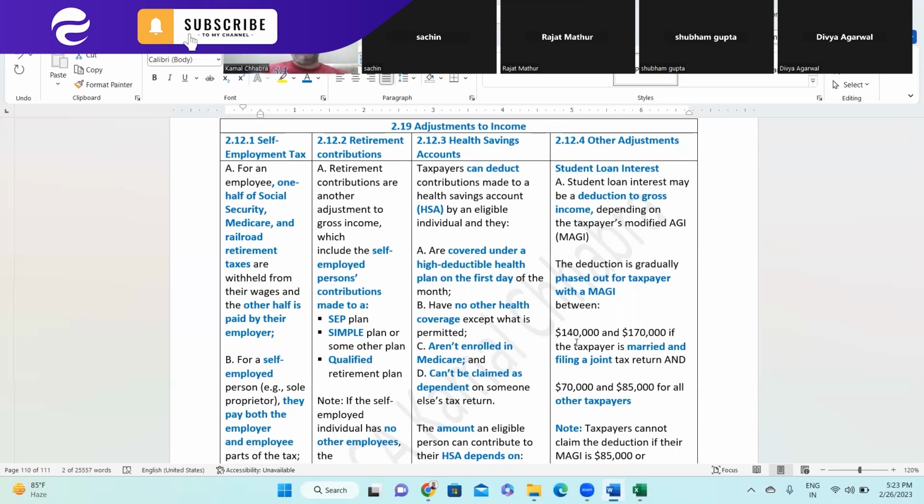Same as how in India, in the PF, one portion you deposit as an employee and one portion the employer deposits. Same is the case with self-employment tax. There also a half portion you deposit and a half portion the employer deposits.